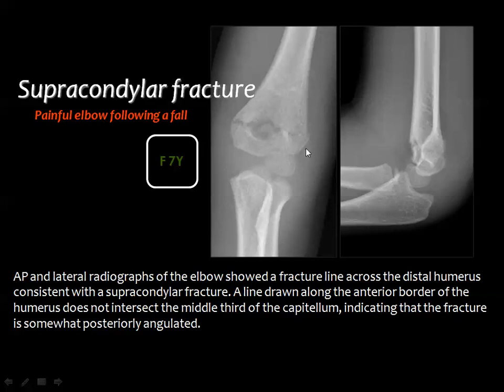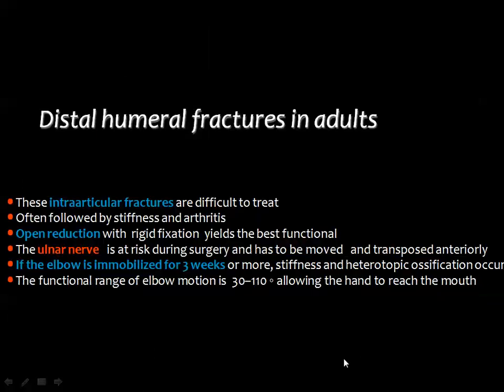This is an example of a non-displaced supracondylar fracture of the humerus. And of course, if you draw the previously mentioned lines, you can see that these lines do not meet in the middle third of the capitulum.